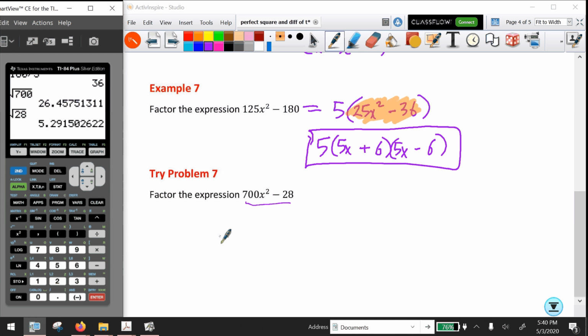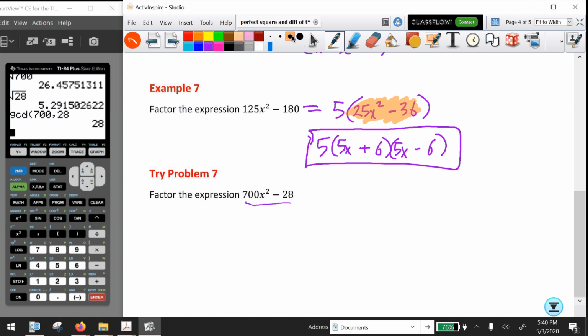No. But if you factor out the greatest common factor, you will find some perfect squares. So let's do that. The greatest common divisor between 700 and 28 is 28. They're both evenly divisible by 28. That's what we're factoring out.